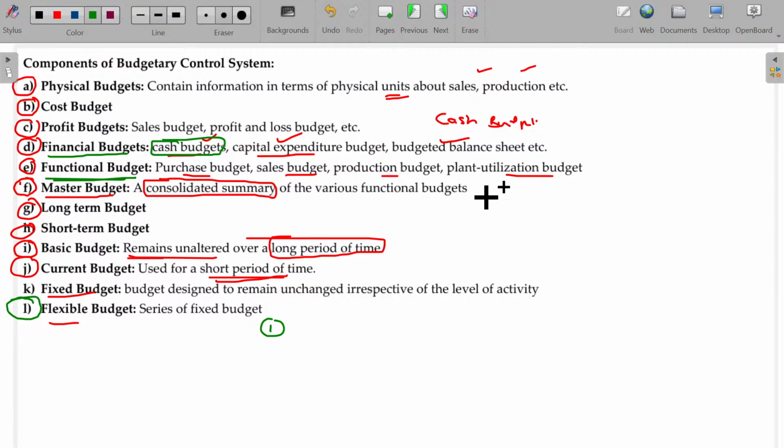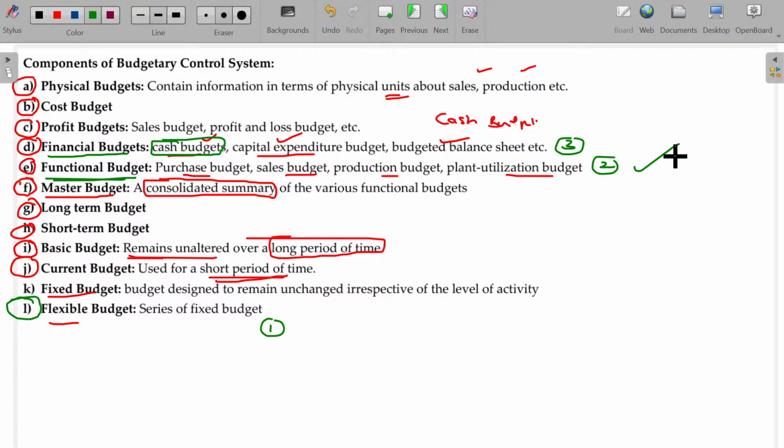So first choice, second choice, and third choice for your examination. So very often in every 3 or 4 attempts, once flexible budget will be there. One of the easiest ones, if you are able to understand the marginal costing, this topic is very simple. And of course, this second chapter, second content, functional budget, you have to think.